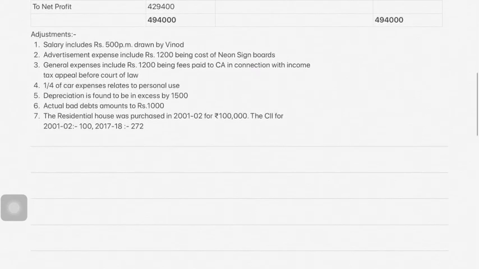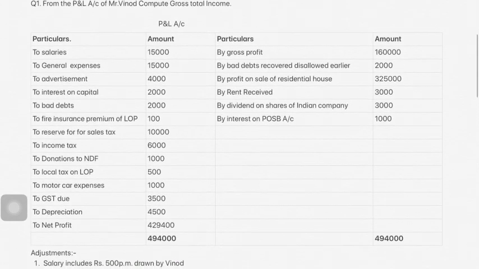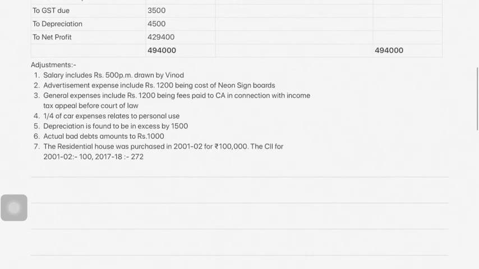So let's start. First we'll calculate income from business, and then we will calculate capital gain, and if he has other income we'll calculate that, because they have asked to calculate gross total income.